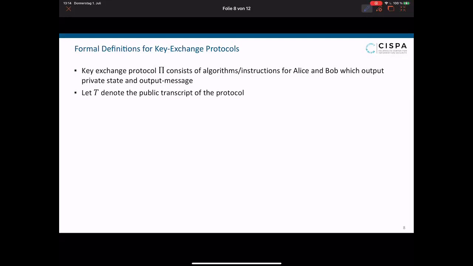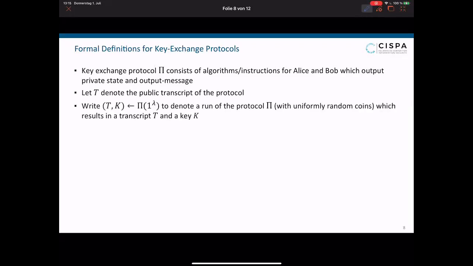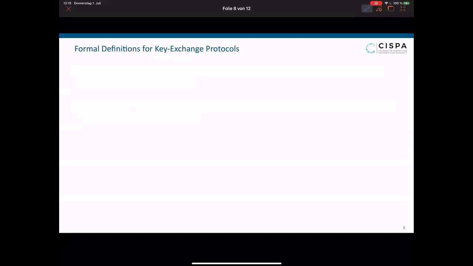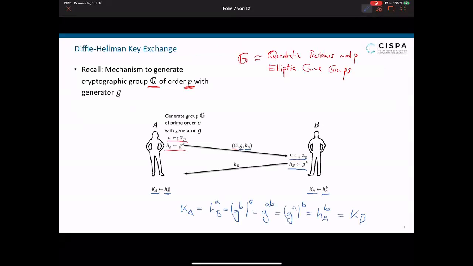So the key exchange protocol Pi consists of the algorithms and instructions for both Alice and Bob, which output a private state and output a message which is to be sent to the other party. And we will call T just the public transcript of the protocol. So in the case of Diffie-Hellman key exchange, the transcript T is just this.